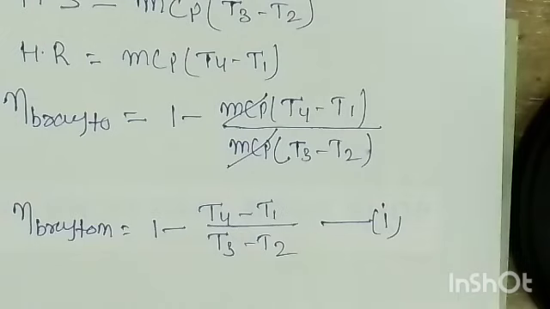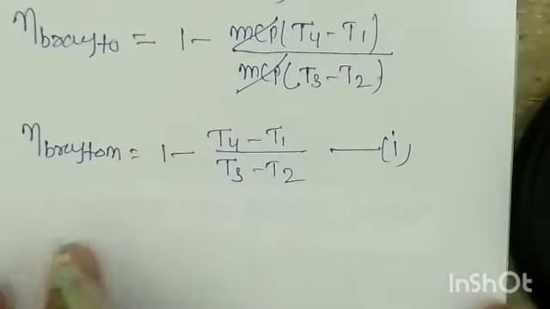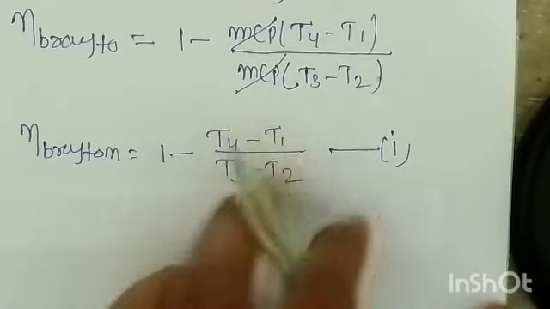If the compressor has compressed the air to a maximum, the work done by the turbine will be maximum. So if the work done by the turbine is maximum, the plant will give you better efficiency. Okay, so now we'll generate the relation between temperature and pressure.